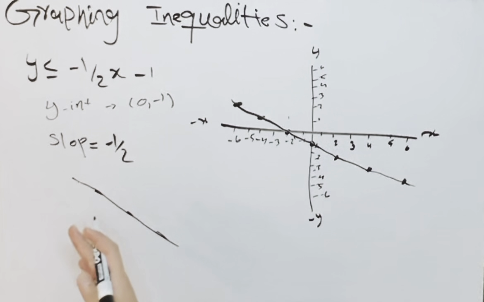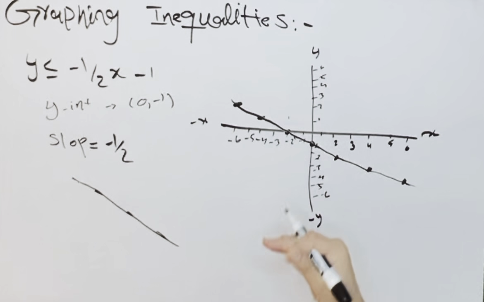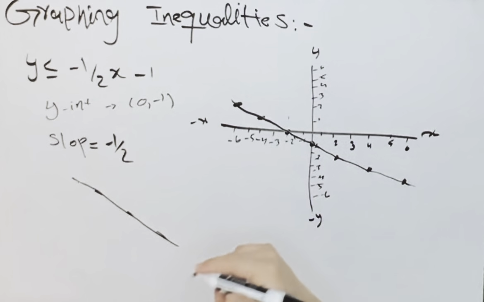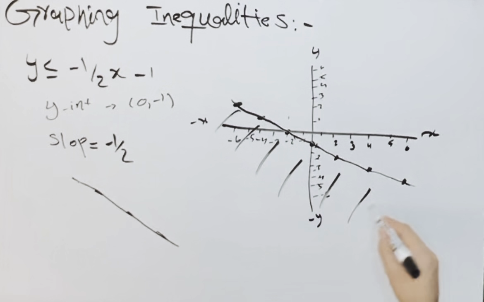Now we have to figure out what side we should shade in. The easiest way to figure that out is to look at the inequality. The inequality is telling me that y is less than or equal to this whole equation. When it's less than or equal to, we should always shade in the left side or the bottom of the line, which is this side of our line.